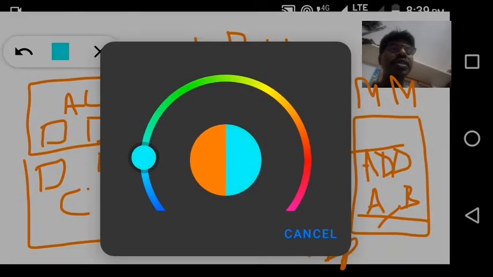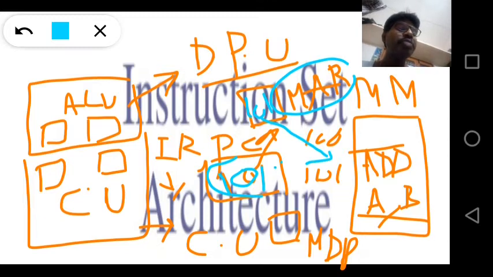What happens when the control unit wants to fetch an instruction whose address is in the PC? The content of the PC has to be transferred to MAR. 101 will be transferred to MAR, and this MAR is sent to main memory.